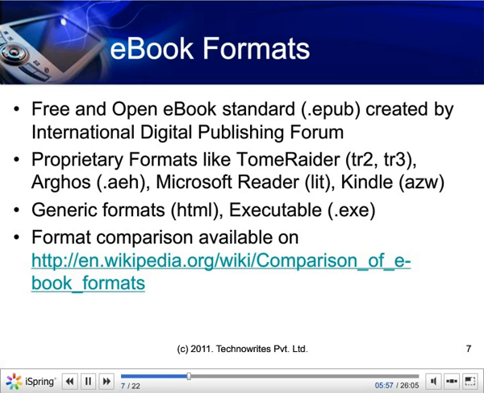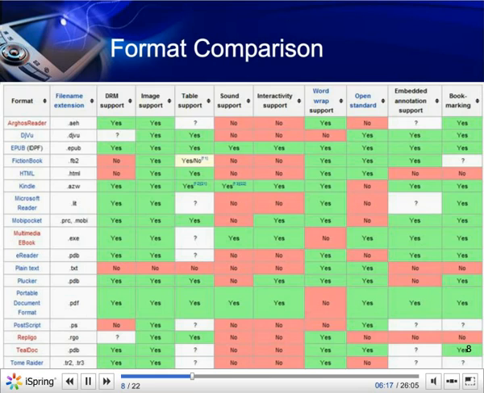In addition to the EPUB format, there are a number of proprietary formats like the Tomb Raider, Argos, Microsoft Reader, Amazon Kindle, and so on. In addition to these formats, there of course are generic formats like HTML also available. A format comparison is available on Wikipedia, and for the sake of demonstration I have put it on the slide here.